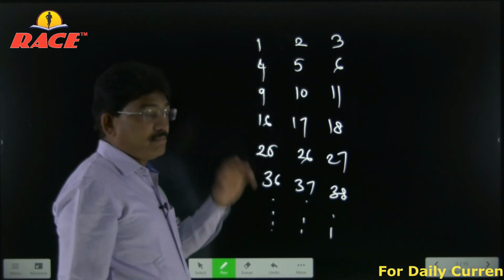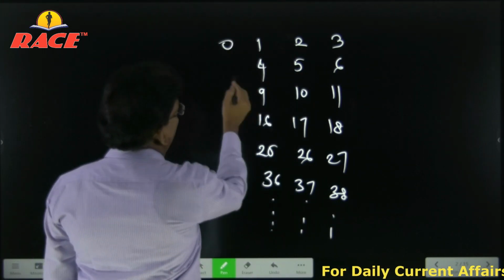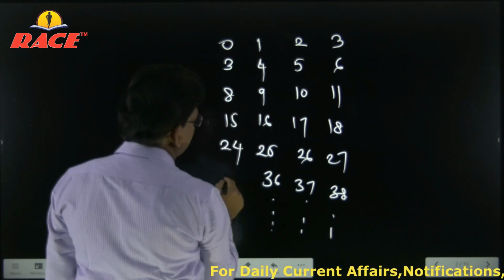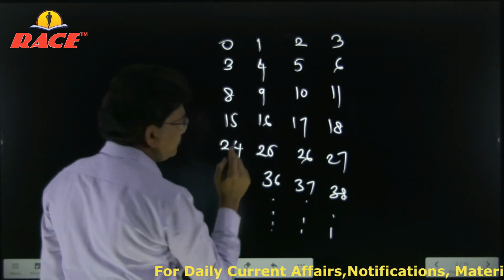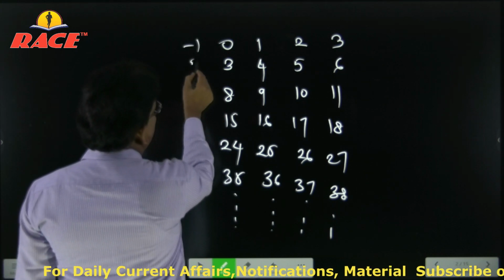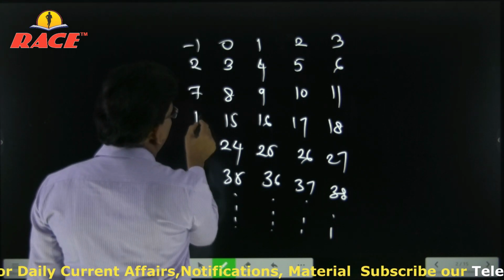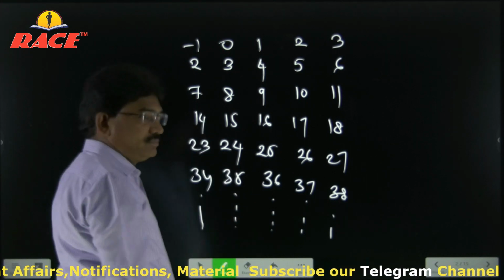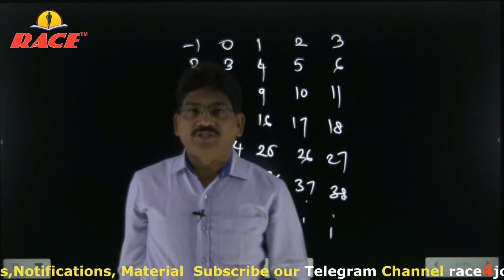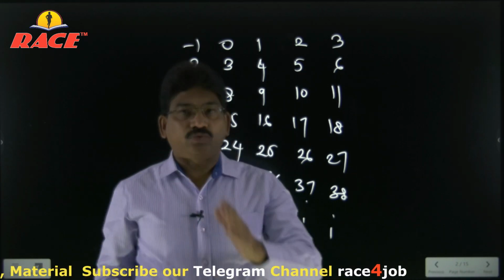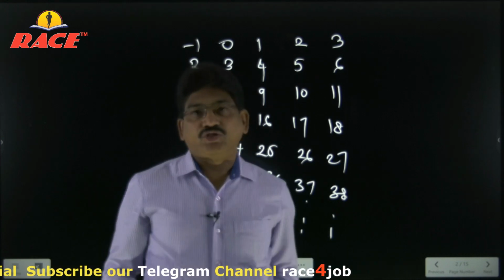Same thing, square minus 1: 0, 3, 8, 15, 24, 35, and so on. And square minus 2 also. Then it comes minus 1, then 2, then 7, 14, 23, 34, like this. Okay, you write all these numbers. Square in the middle, square plus 1, then square plus 2, square minus 1 and square minus 2.